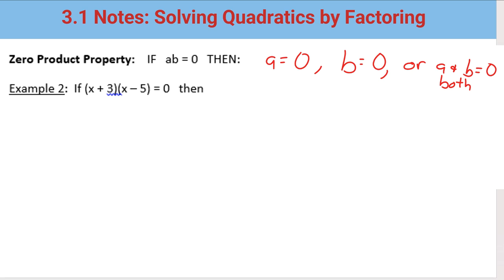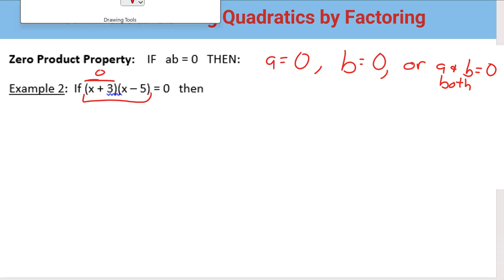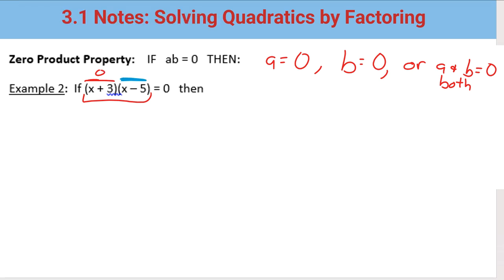So, looking at example 2, if we are trying to solve a quadratic, this is a factored quadratic, okay? It used trinomial factoring. If I know that is equal to 0, I know that this part right here has to equal 0, or this part right here has to equal 0, or they are both going to equal 0.